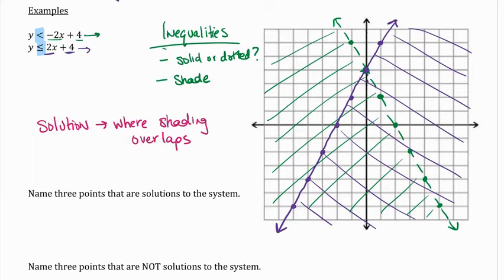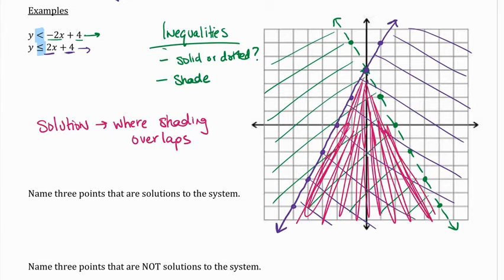In the very top, it's empty, there's no shading. And then in this triangle down below, I have both green and purple shading. So that's where I'm now going to go back and shade in this part darker. That piece right there, that's where our shading overlaps. That's where the solutions to our system of inequalities are.